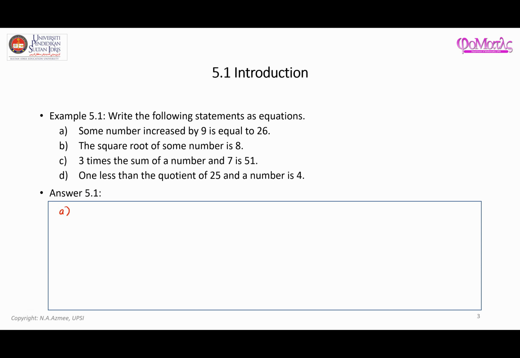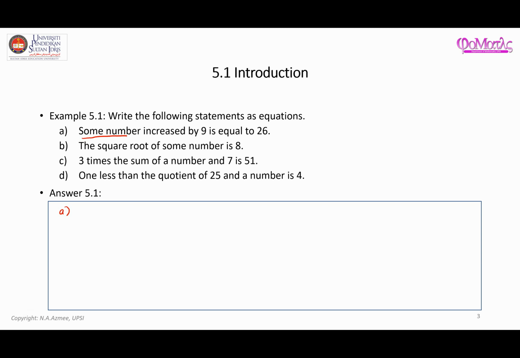When you have a value that you don't know, you can always represent it using alphabets. So for example, here some number, you can consider that to be represented as x. So some number is increased, so that means you add some number with 9, x plus 9 is equal to 26. So that is the mathematical statement.